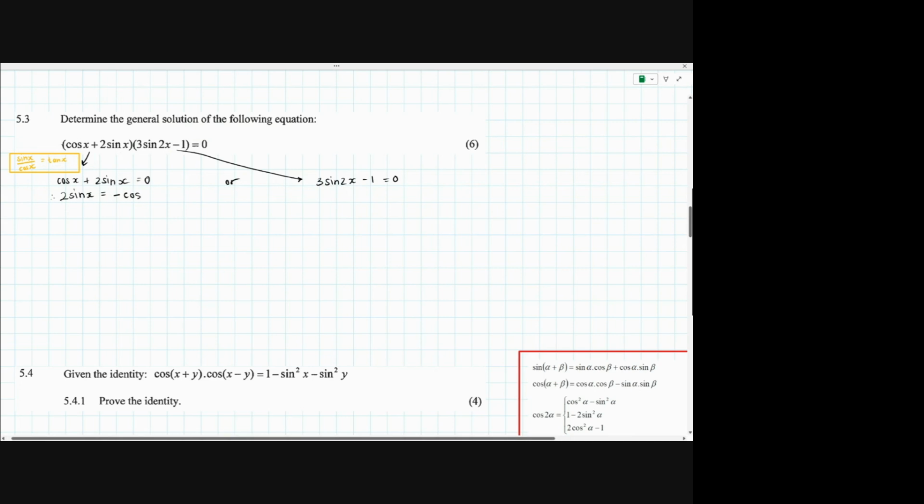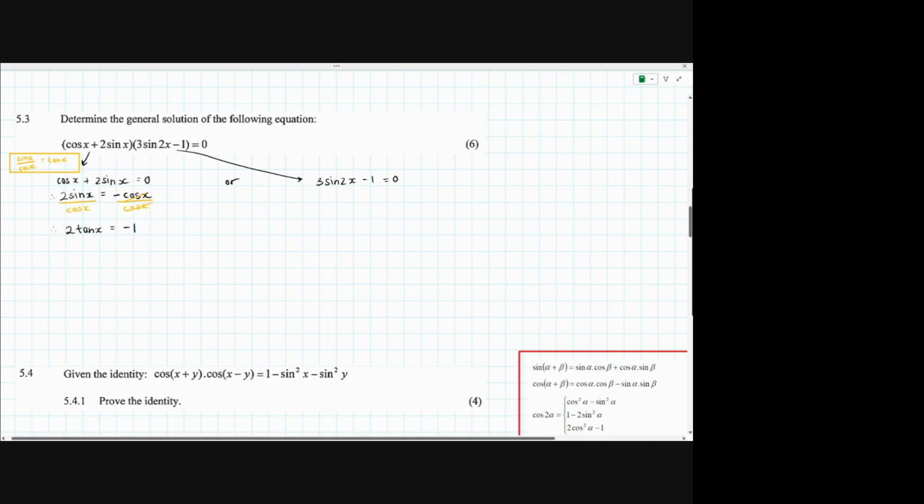This will be equal to negative cos x. Because my tan identity says I should divide by cos x, I'm going to divide both sides by cos x. That gets rid of it on the right-hand side, but on the left-hand side, 2 sin x divided by cos x gives me 2 tan x.